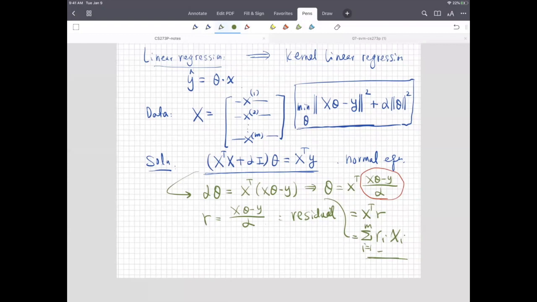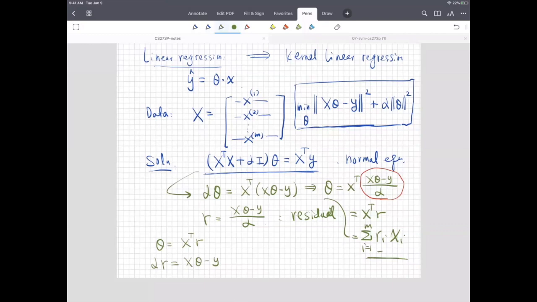The way you can do this is as follows. From here, you know that theta is equal to x transpose r. Now if I plug in the original form, I know that r is equal to x theta minus y divided by alpha. I know this.